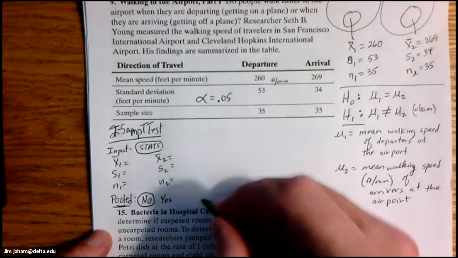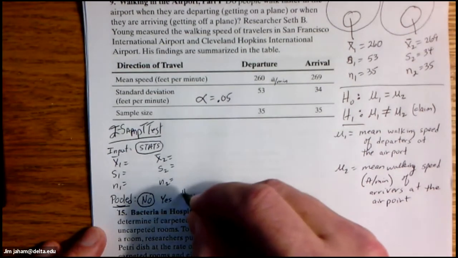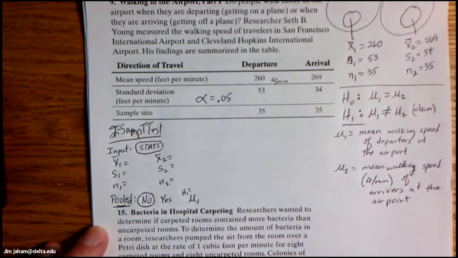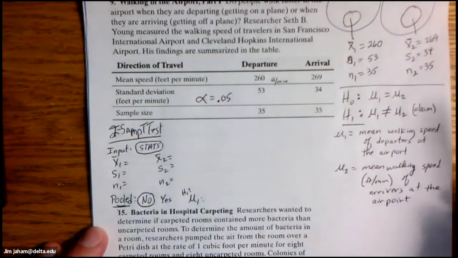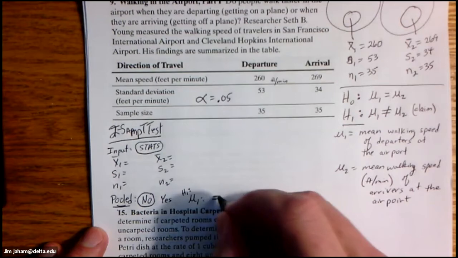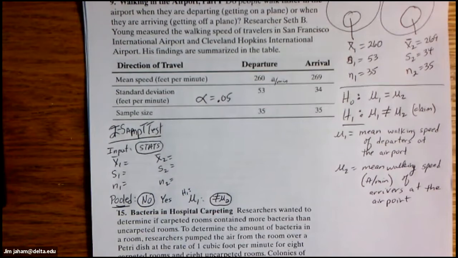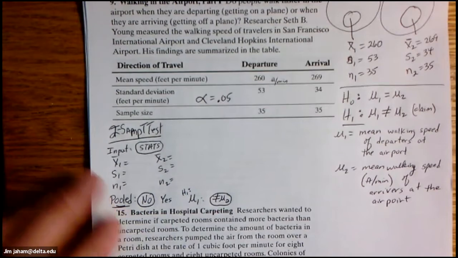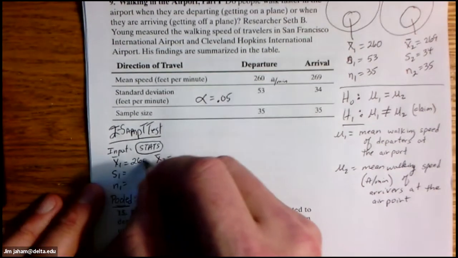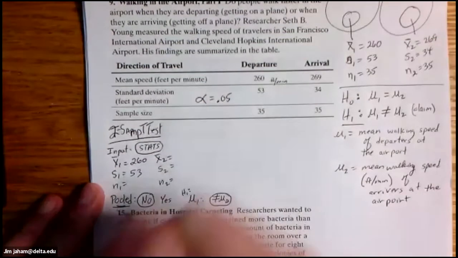And then the final thing is mu1, something about the alternative hypothesis. Our hypothesis is not equal to, so on that last row you want to select the not equal to mu2 option. All right, so let me fill in the rest of these numbers. I'm just bringing them down.